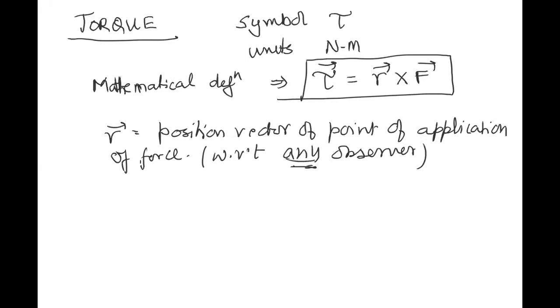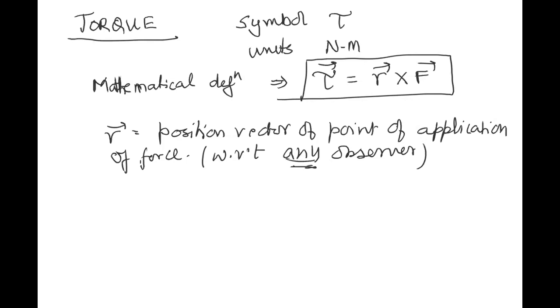And if you place your origin at the point of application of the force, then the position vector of the point of application of the force will have a value of zero, and therefore the torque will be zero. So different observers will measure different torque. Will the different torque measured by different observers be the same in direction and different in magnitude, or can it have a completely different direction as well?